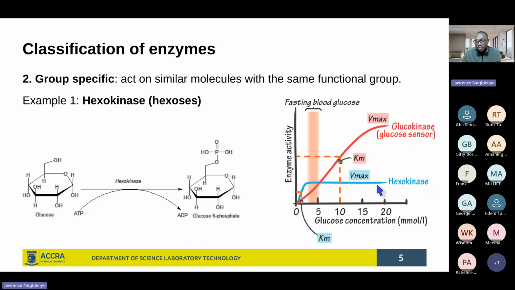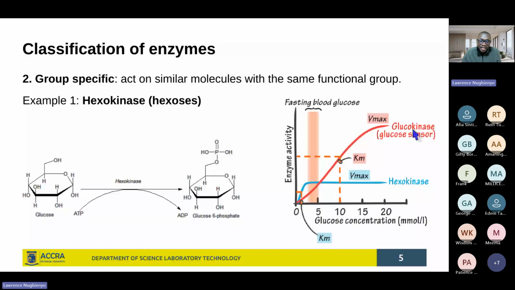And at the same time, it allows the glucose levels to be at a certain constant rate.